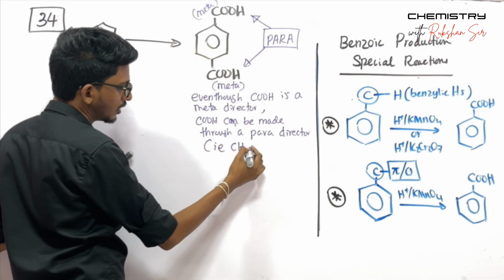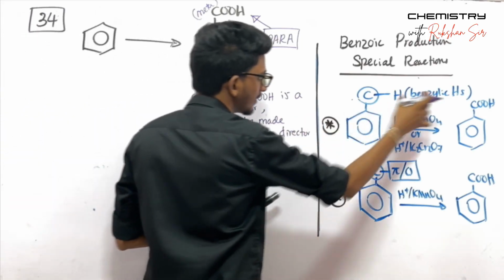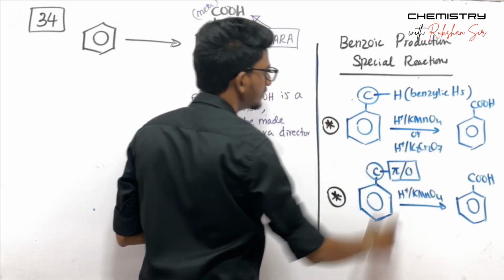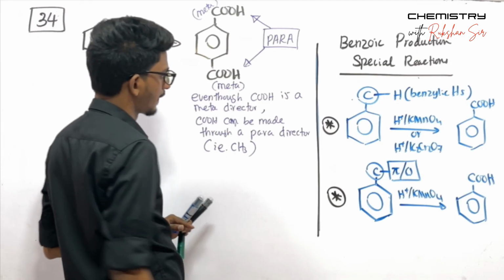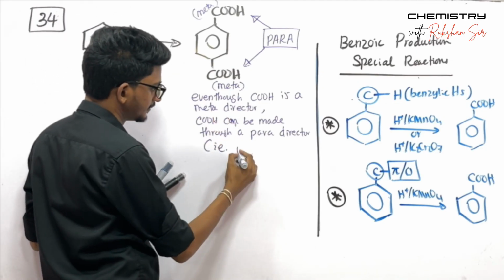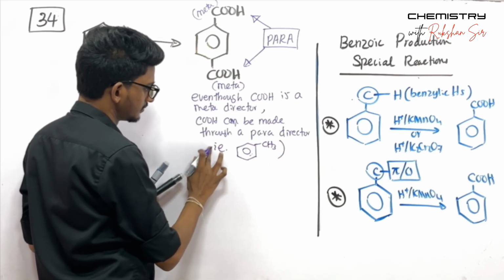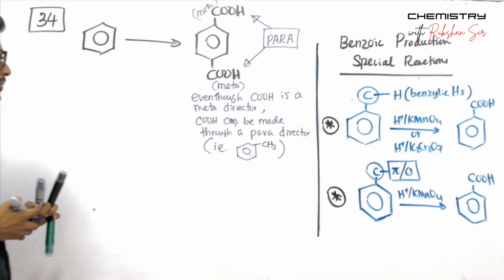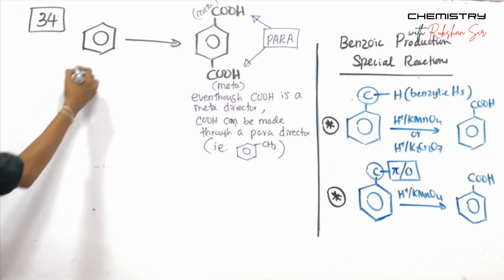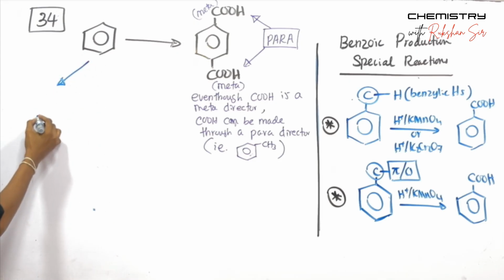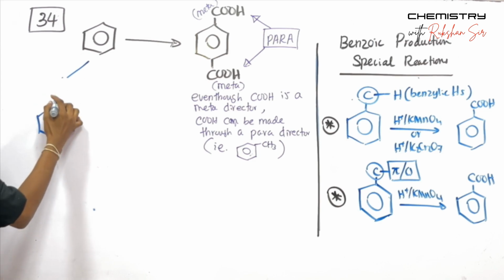CH3 group එකකින් පුළුවන්, oxidize කරලා CH3 group එකක් oxidize කරලා COH ගන්න පුළුවන්. This thing is a para director. අපි මුලින් para director connect කරමු.